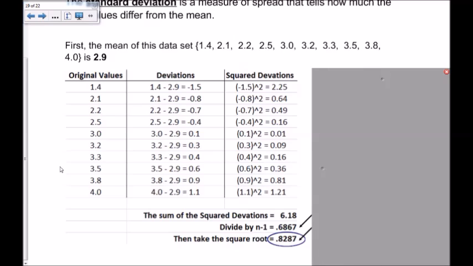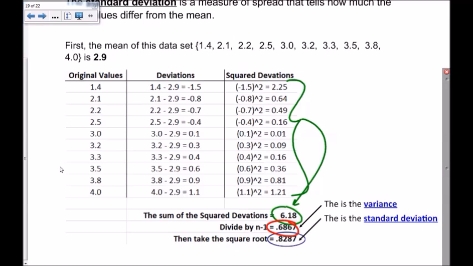So here is the sum of this set of numbers. Now if we had a data set of 100 values, that would make that sum very large, and so the way we compensate for how many numbers we are adding up is we divide by n minus 1. I'll talk about why it's minus 1 later on in the year. Divide by n minus 1, and that number actually has some useful properties.